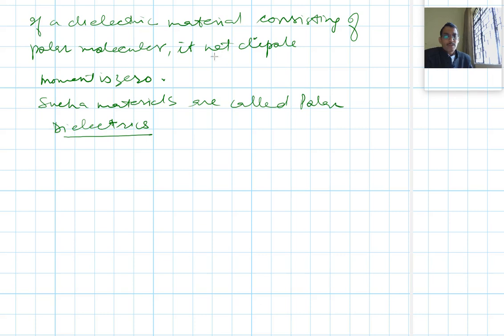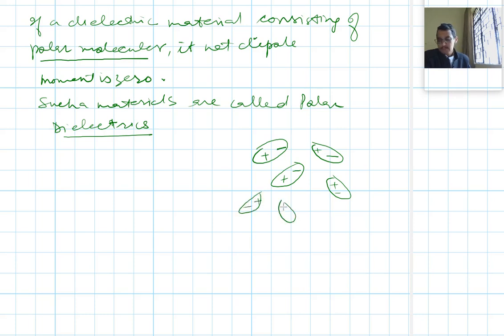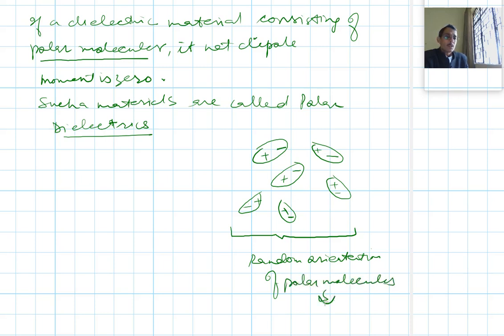Since the material consists of polar molecules, even then its net dipole moment is 0, let us try to understand what it means. It means the molecules inside the solid are randomly oriented, and due to this, their net effect will be 0 due to random orientation of polar molecules. Their net dipole moment will be 0.